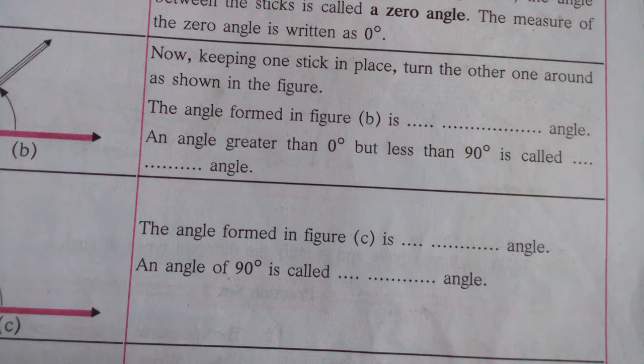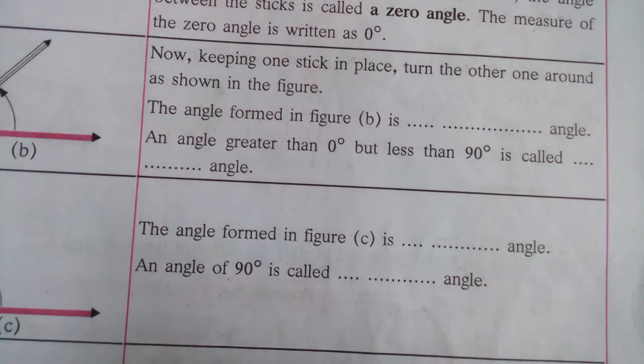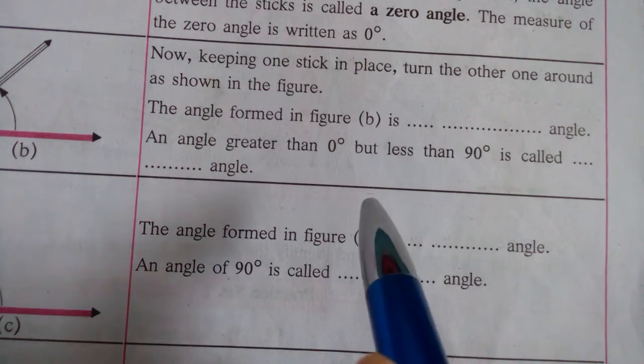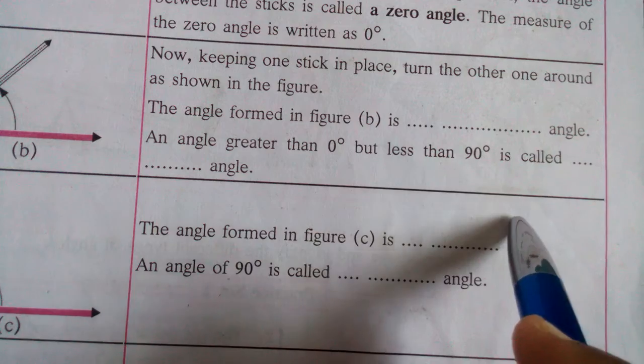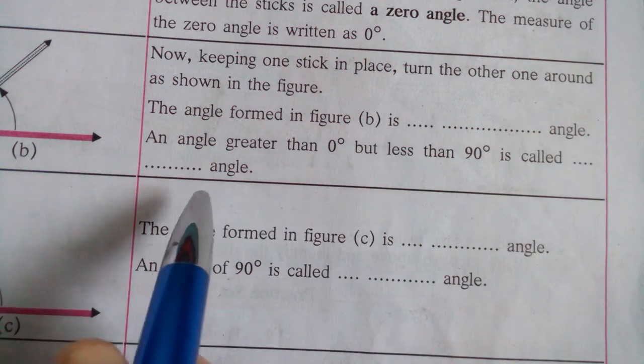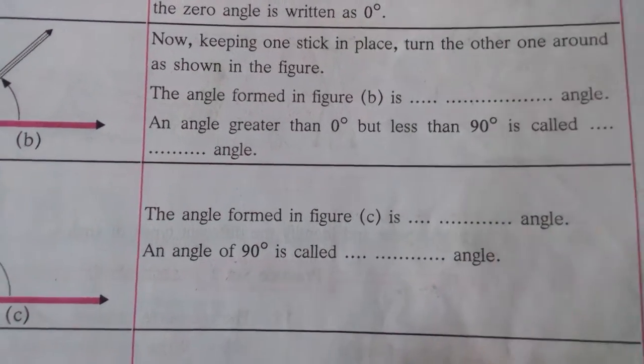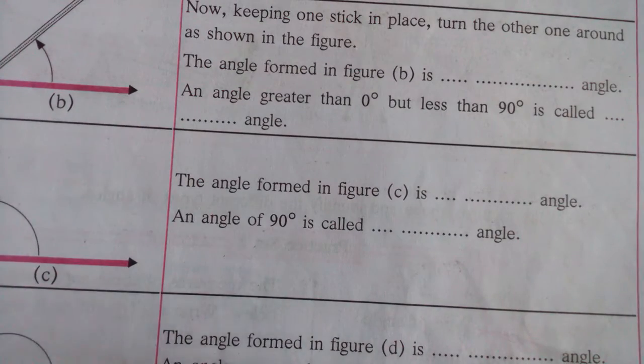Acute angle means greater than 0 degree but less than 90 degree. Then next one, right angle: an angle of 90 degree is said to be a right angle.